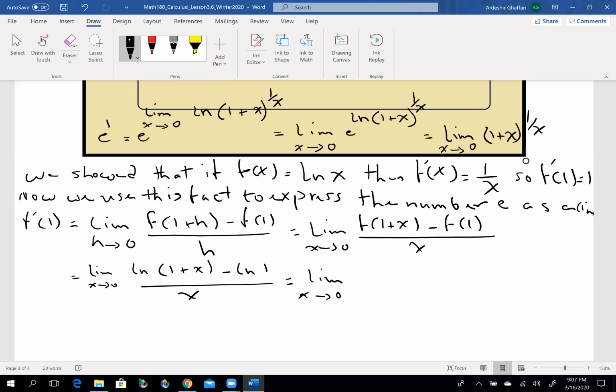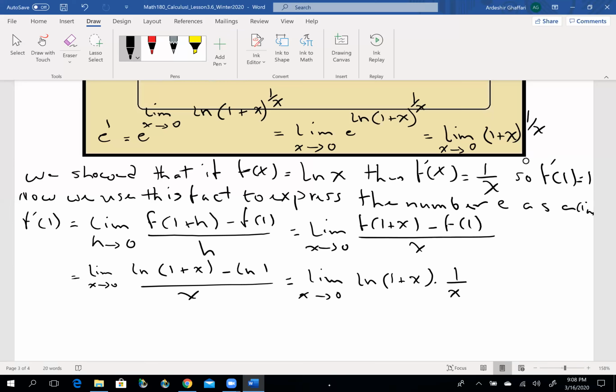Natural log of 1 is going to be 0, so what's remaining is just natural log of 1 plus x over x. So I can rewrite it as natural log of 1 plus x times 1 over x.